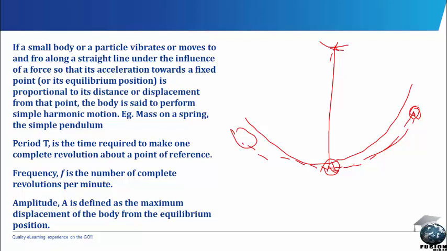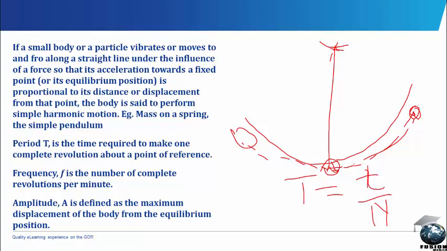We can now come down to period. As it is on the slide, it is the time required to make one complete revolution or cycle about a point of reference. Mathematically, it is given as T equal to time over number of cycles.